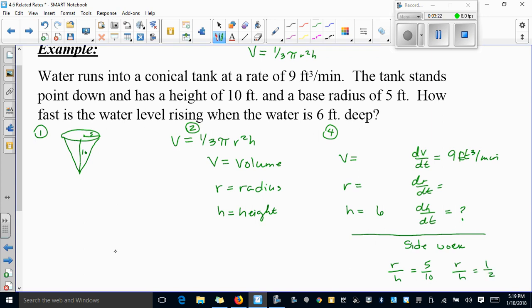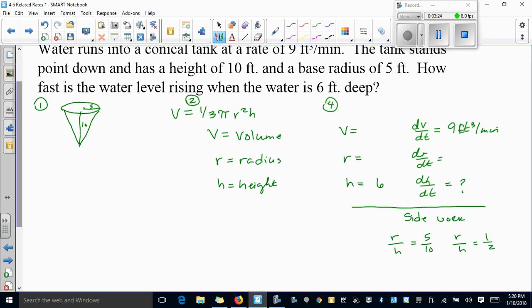So back over here to the equation we're going to use. V equals 1/3 pi r squared h. However, we're replacing the r with half h. So V equals 1/3 pi times 1/2 h, all of this squared, times h.